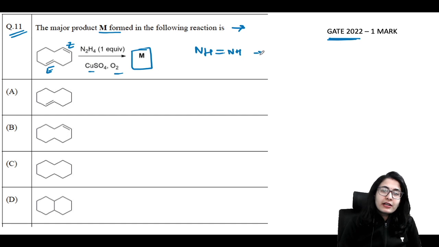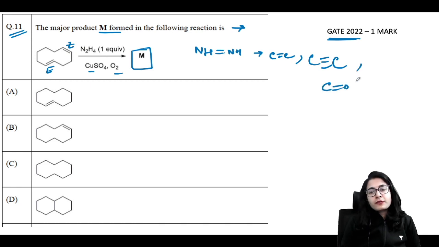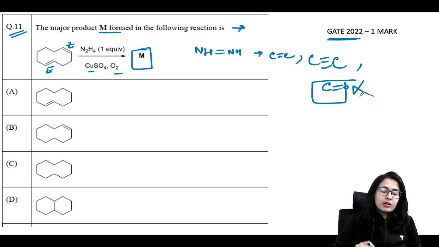Now, diimide will always reduce the less polar bonds, that is, it is mostly used for the reduction of non-polar bonds like alkene, alkyne. And it is not used for the reduction of carbonyl because it is polar. Never. Carbonyl or C double bond S or C double bond N, that is imine, not used for that.